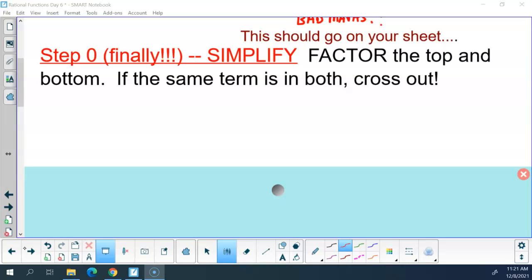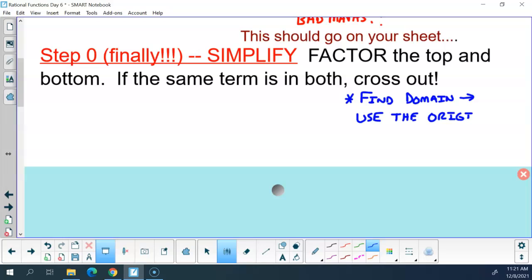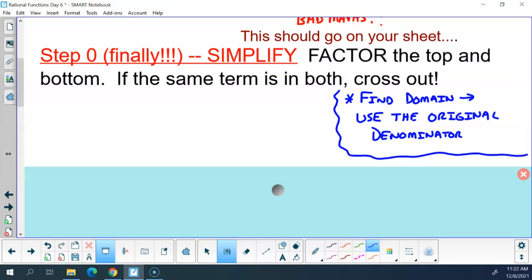Okay, so here is the one condition with step number 0. In order to find the domain in step number 1, you need to use the original denominator, the unfactored one.